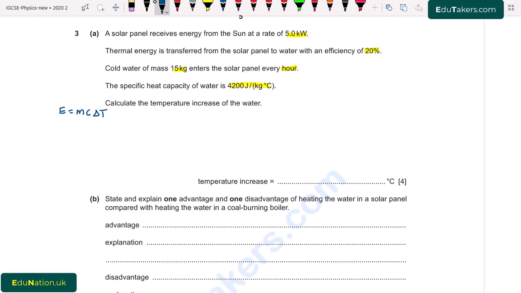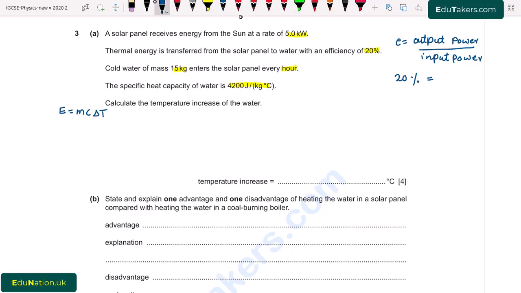When efficiency is given, we know that efficiency is equal to output power over input power. So efficiency is given as 20%. I write here 20%. It will be equal to, we have to calculate the output power because the input power is 5 kilowatt.